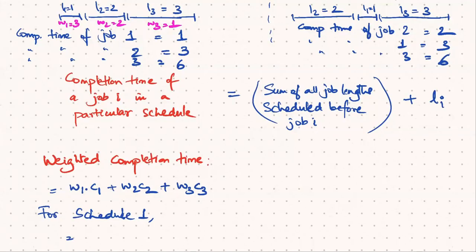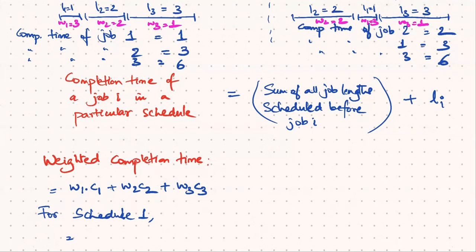So job 1 has the highest weight, so it is of the highest priority. Next comes job 2, and finally job 3 in terms of priorities.